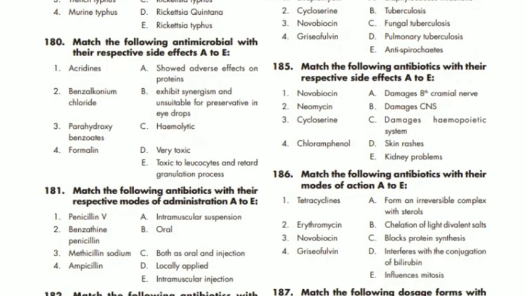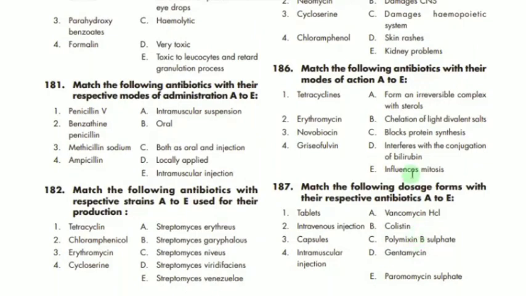Let's see the 186th MCQ, which says match the following antibiotics to their mode of action. The first antibiotic is tetracycline. The mode of action of tetracycline is chelation of divalent salts. So B is the correct option. Then we have erythromycin. Erythromycin is mostly involved in blocking protein synthesis, so it can stop protein synthesis.